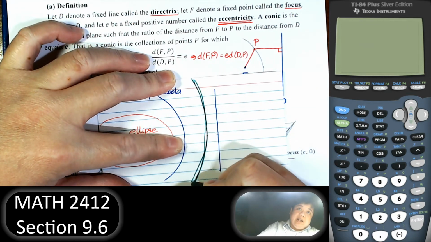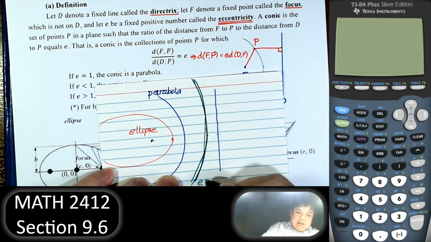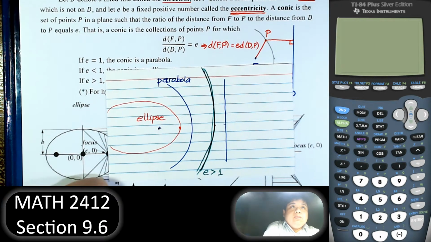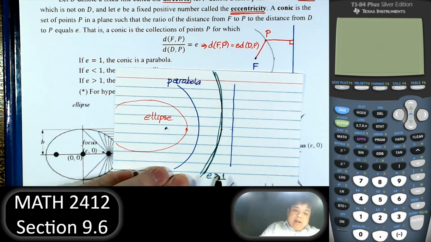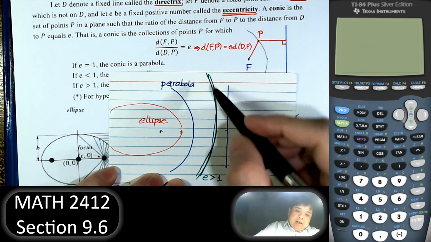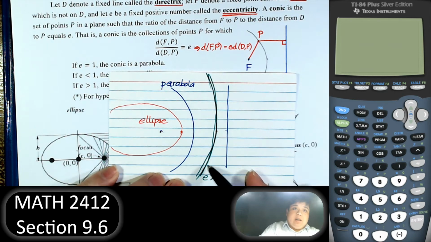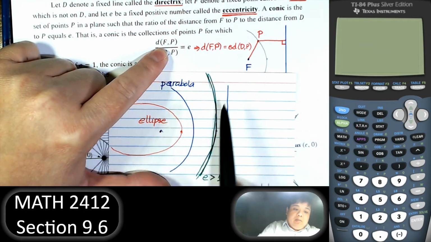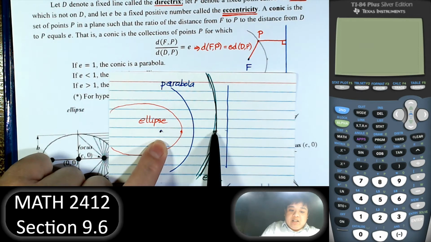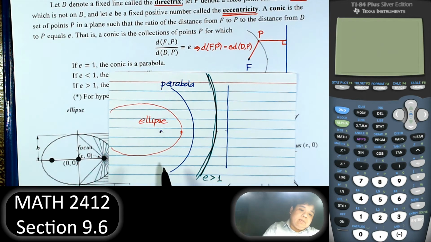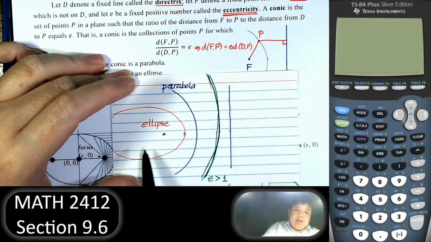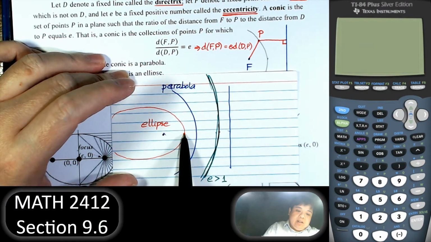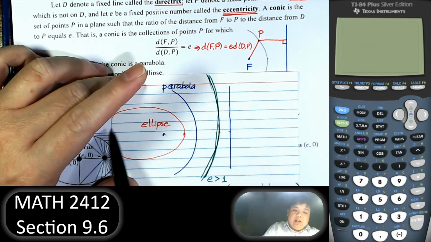This is where e is bigger than 1. And when it is equal, we have the parabola. When it is smaller, when the point is closer to the focus, then we have an ellipse.